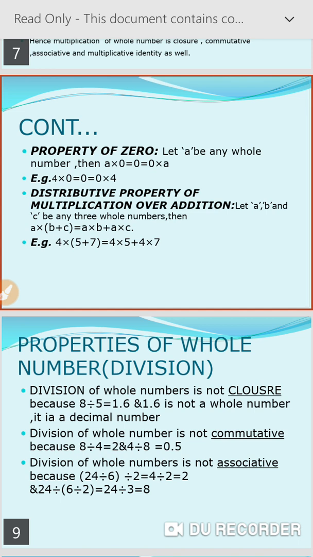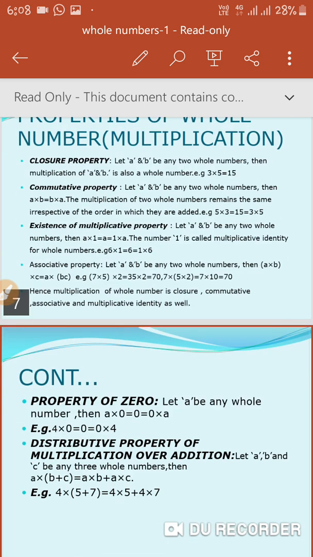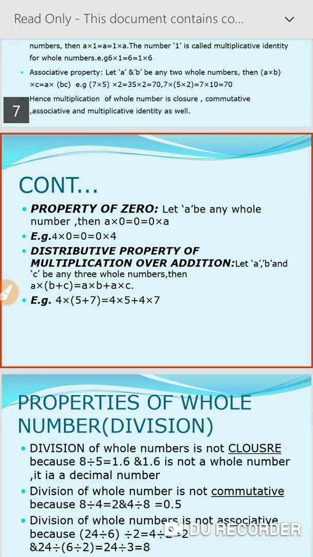If you have three numbers A, B and C, then A multiplied by the grouping B plus C is equal to A multiplied by B plus A multiplied by C. That means multiplication of whole numbers is closed, commutative, has a multiplicative identity, is associative, has the property of 0 and is distributive as well.